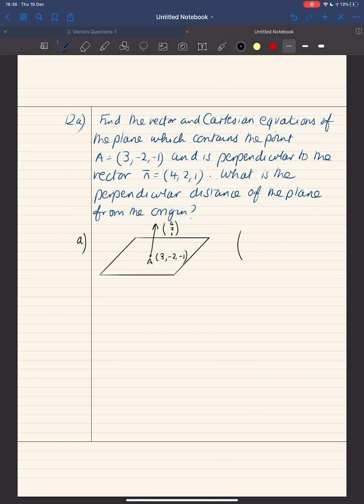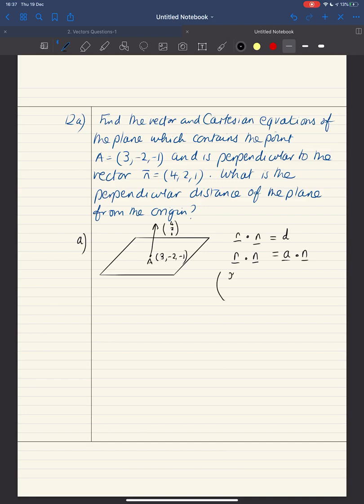well, basically you have r dot n is d, and d is actually a dot n. Okay, so that's in the notes where that comes from.